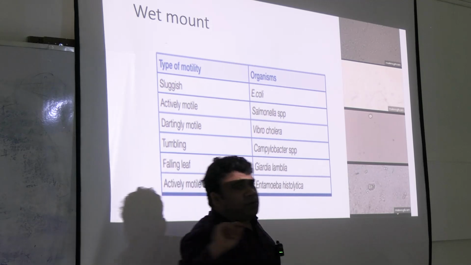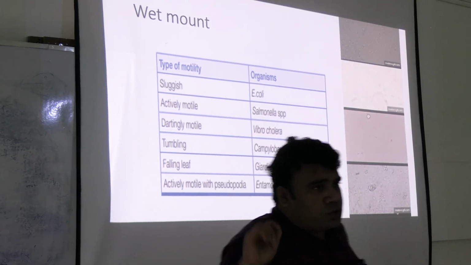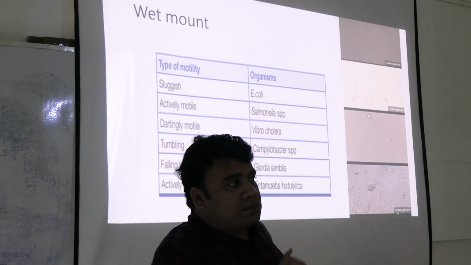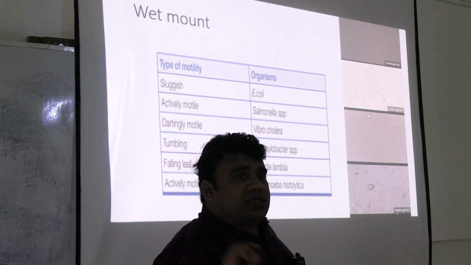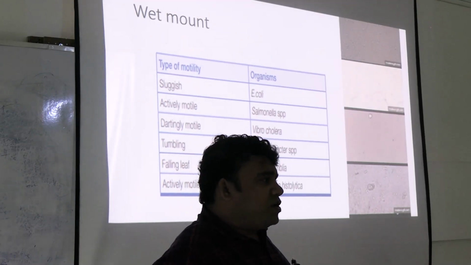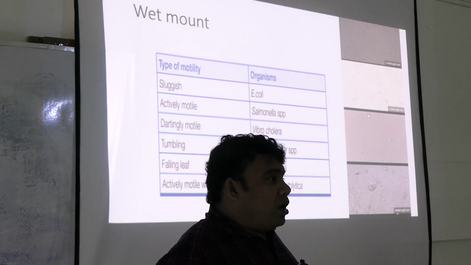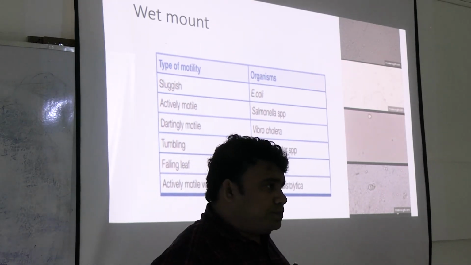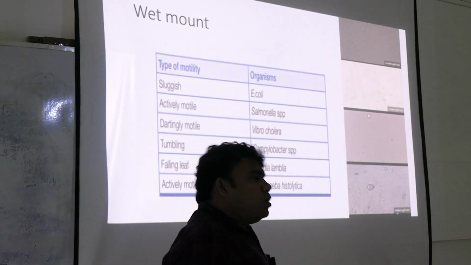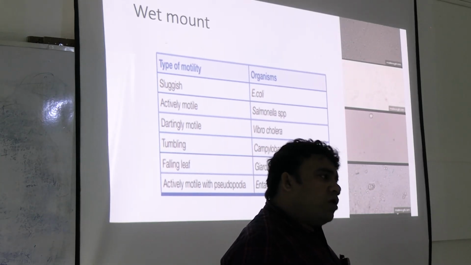I think you can see some of the bacilli are moving very rapidly, almost so rapidly that it is very difficult to focus on them. Can you see? So this is the type of motility that can be seen in case of cholera infection, and this type of motility is called darting motility, almost as if a dart is passing through. Okay. So if it is a watery stool and you can observe this darting motility, there is a high probability this is a case of cholera.